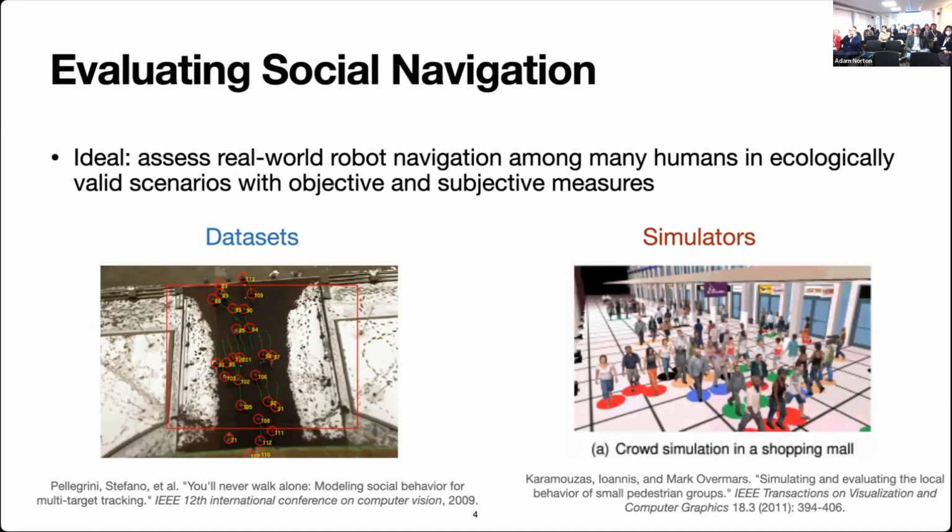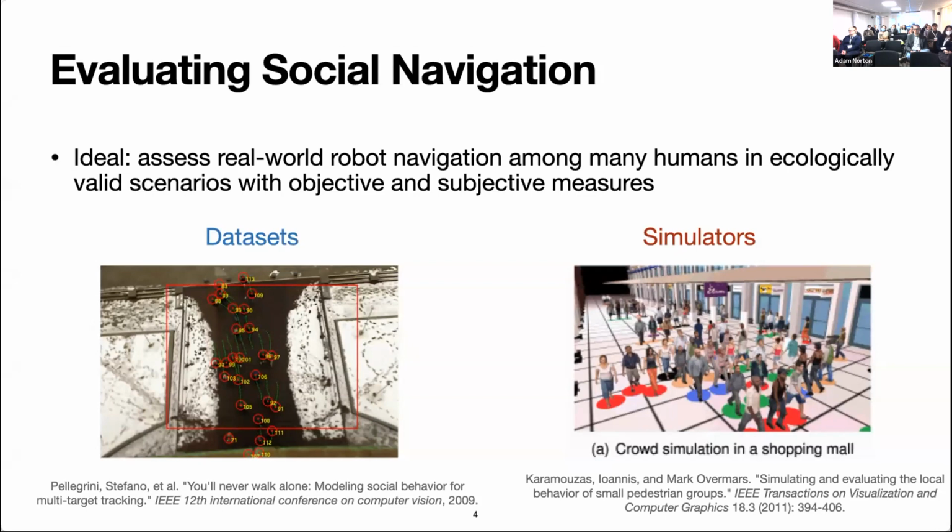Simulators, as we've heard, are great tools for benchmarking algorithms. You can create simulators of people moving around, put your robot in that simulation, and then assess with whatever metrics you want how well that robot is doing the navigation. Now, the problem with simulators: it's very precise.